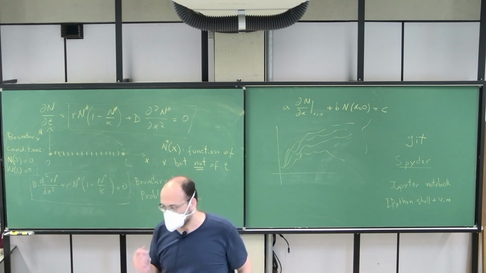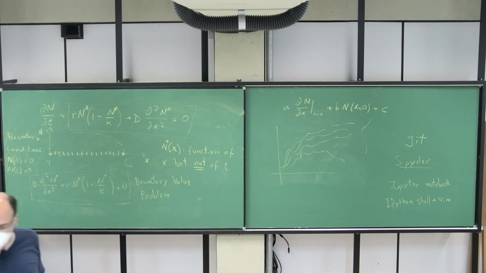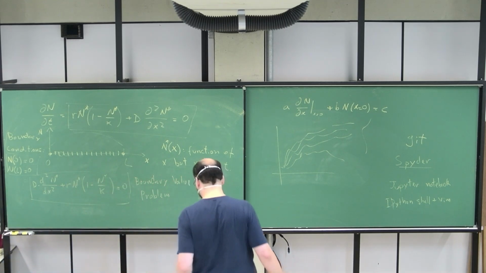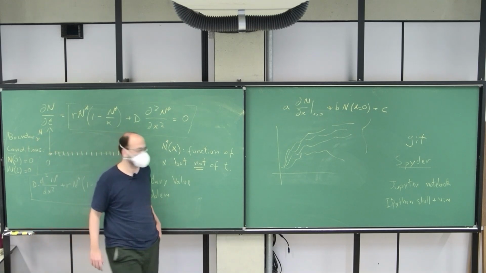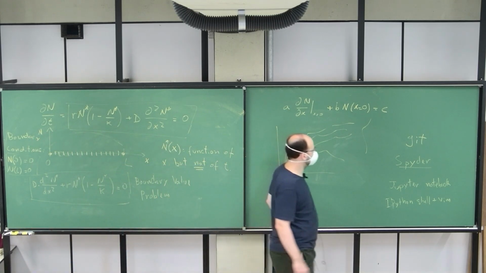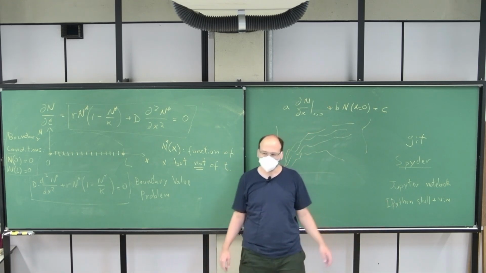Oh, I just wanted to say that if you Google Anaconda on the web, you can find a package in which you can install both Spyder and Jupyter Notebook at once, I think. How do you install this stuff? I think I told you in the beginning of the course.